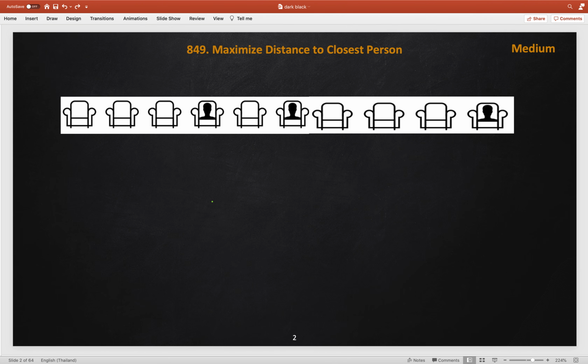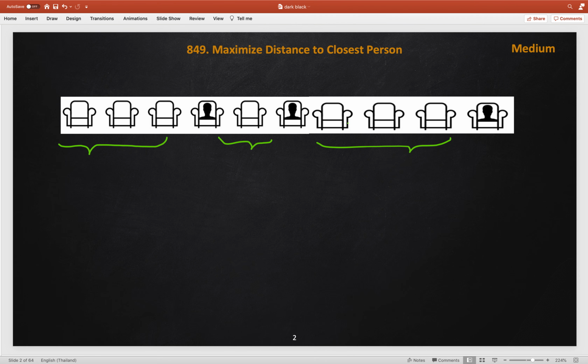So let's understand other cases. There are 3 cases in this problem: seats empty from the starting till we find the first person, or seats empty between two persons, like this seat and this seat. First let's understand seats between two persons.